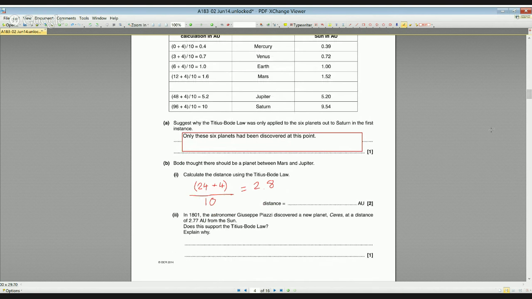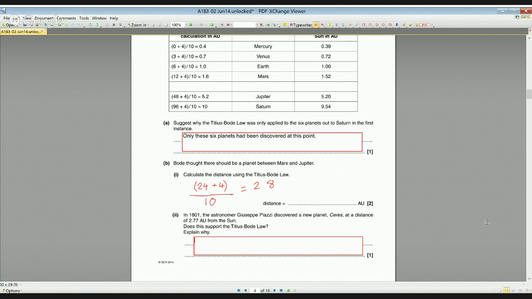In 1801, the astronomer Giuseppe Piazzi discovered a new planet, Ceres, at a distance of 2.77 astronomical units from the Sun. Does this support the Titus-Bode Law? Well, given we've just predicted there should be a planet at 2.8, that does agree with the Titus-Bode Law. So again, we don't know anything about Titus-Bode Law.